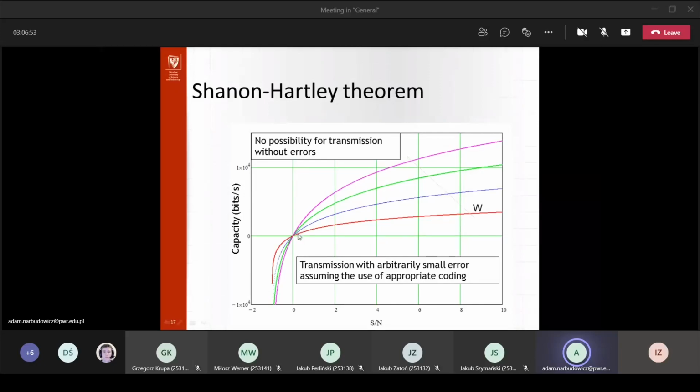Okay, and this might be quite not so obvious, at least, that even if you do have a lot of noise, you can transmit information, especially when you increase your bandwidth. Just, of course, it will impact the speed of your information.